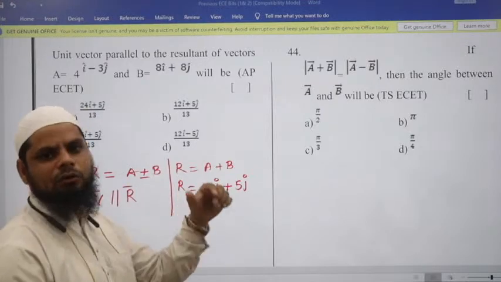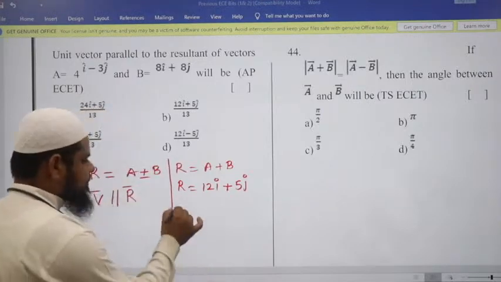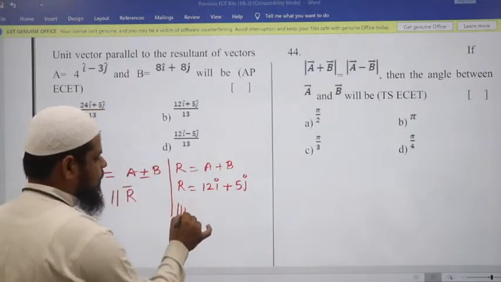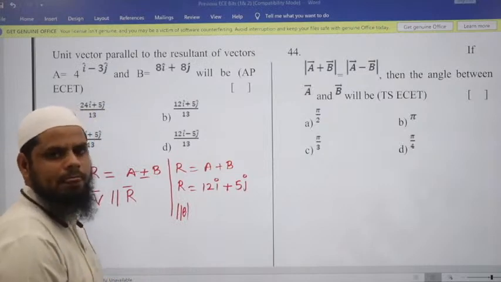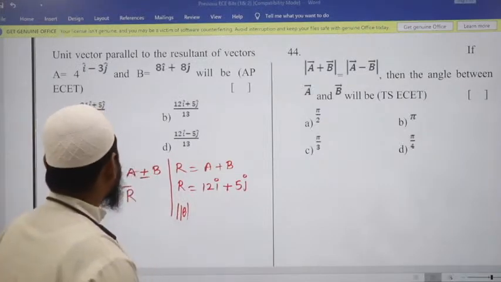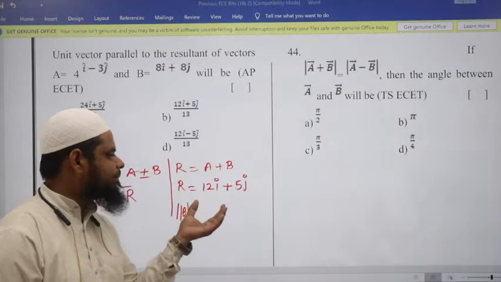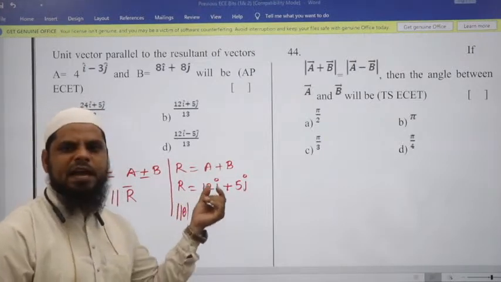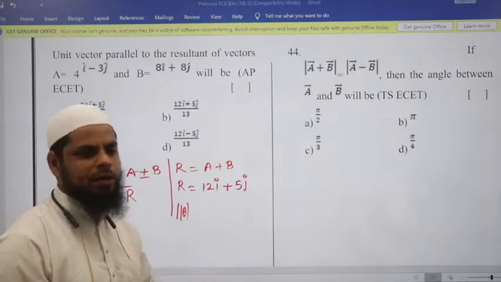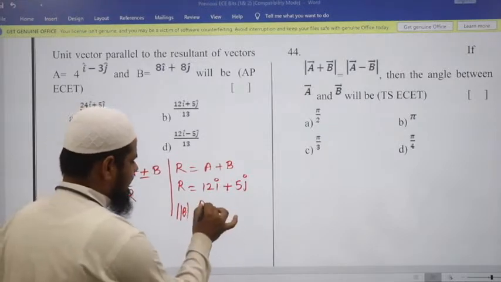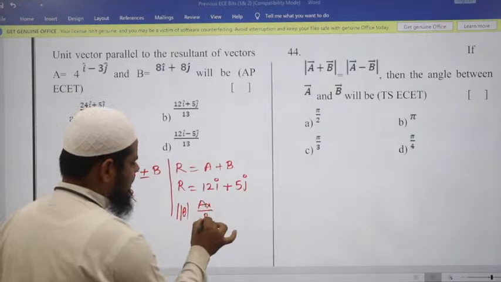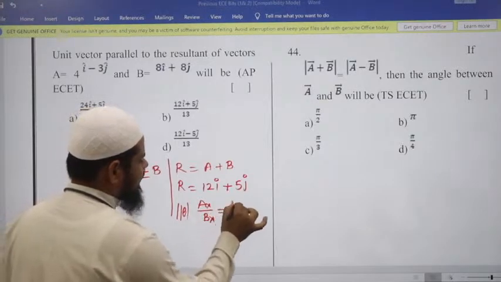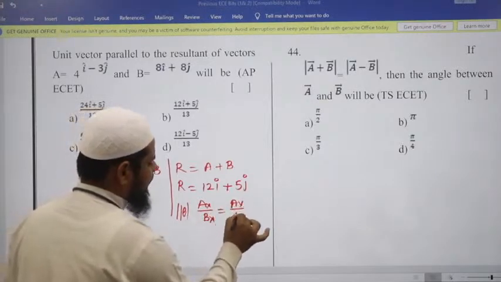So the parallel vector condition. Yesterday we have seen the parallel condition. What is the parallel condition? If you remember, it is Ax by Bx is equal to Ay by By.